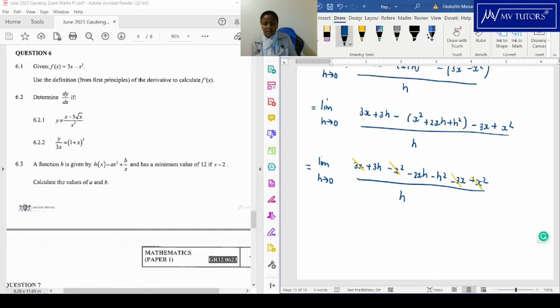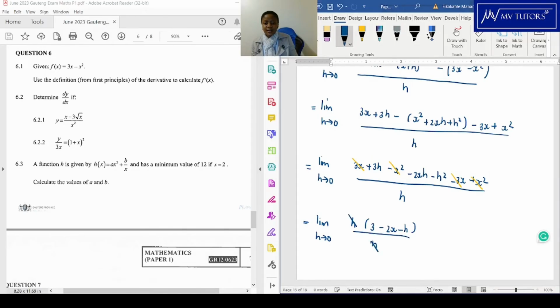Then everything that's left will be in terms of h. I will be taking out h as the common factor. If I do that, I'm left with 3 minus 2x minus h, and that will be all over h.